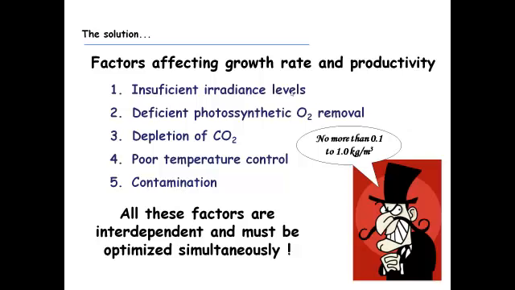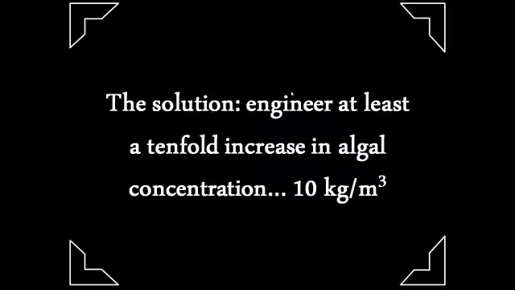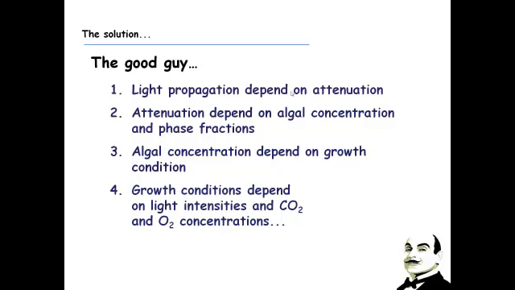In a practical situation, this makes the microalgae concentration no bigger than 0.1 to 1.0 kilogram per cubic meter of water. So this is a rather low value, and to get a good solution, it would be necessary to engineer at least a tenfold increase in algal concentration, for instance to 10 kilograms per cubic meter.